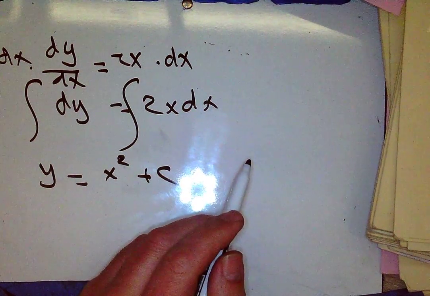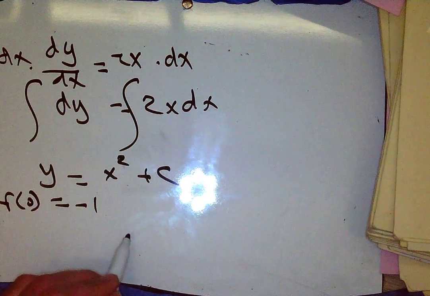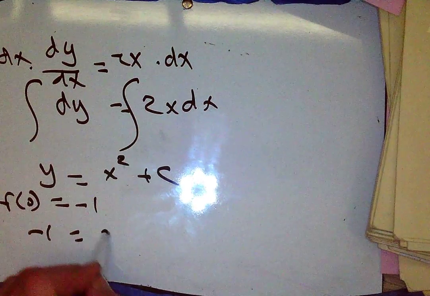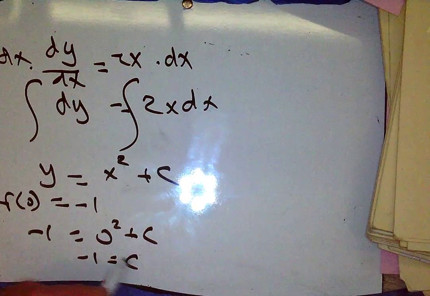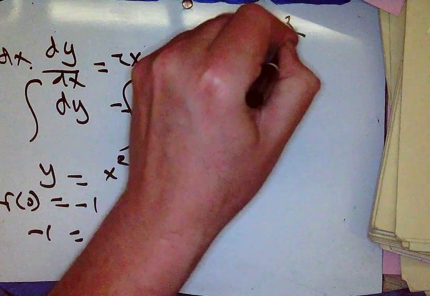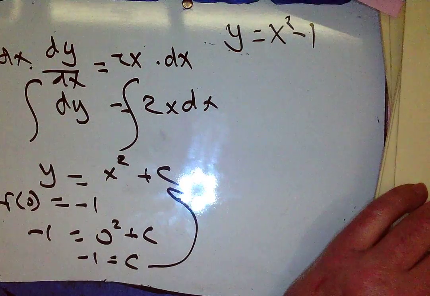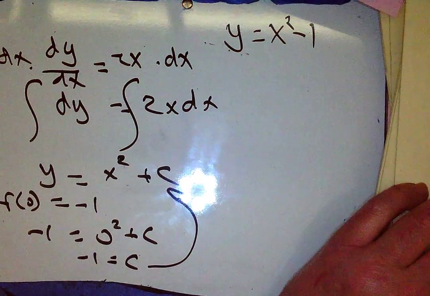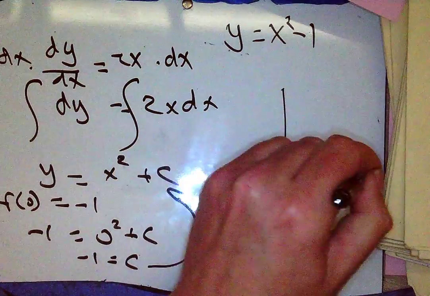We've been given an initial condition to use. F of 0 equals negative 1. And so we know that c is negative 1. And so our equation is y equals x squared minus 1. Then we're told to show the solution on dy dx's slope field. Okay, so let's make a slope field for dy dx.